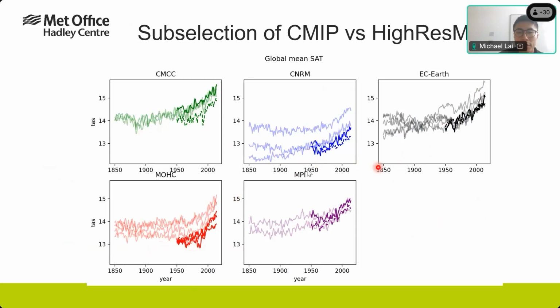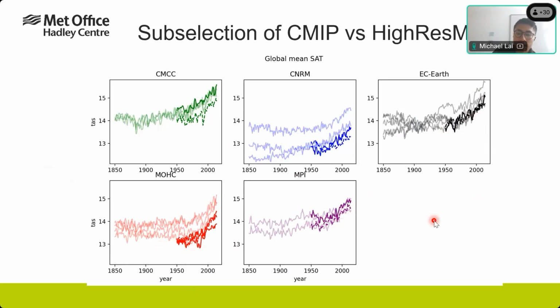It's not so clear for the other modeling centers. Maybe CMCC shows a cooler high resolution version, and EC-Earth sits within the ensemble, but maybe tending towards the cooler end. But none of the HighResMIP ones are warmer than the CMIP counterparts, actually. So there does indeed seem to be a slightly cooler bias in the HighResMIP ensemble.